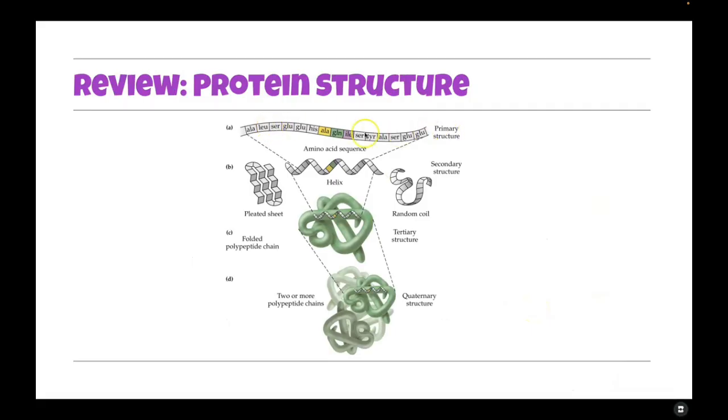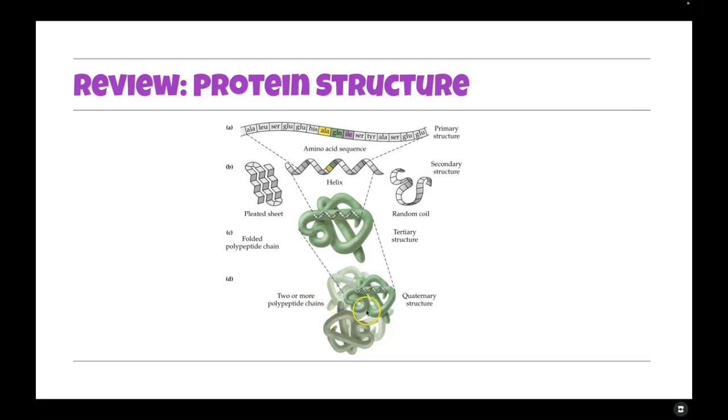Again, our primary structure is made up of amino acids, with peptide bonds holding these amino acids. Our secondary structure has hydrogen bonds between the backbones. Our tertiary structure can have any bond, so hydrogen, covalent, ionic, but it's going to be between the R groups.